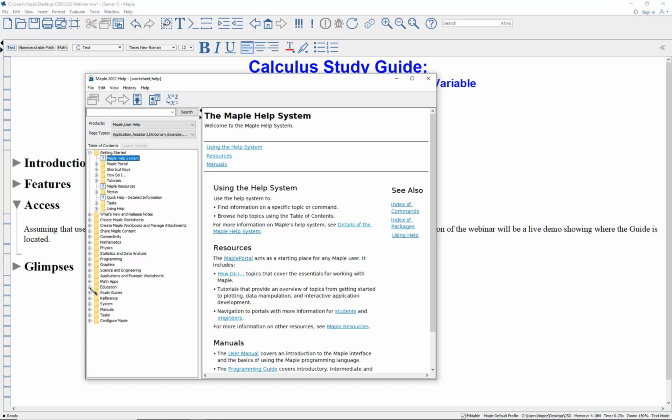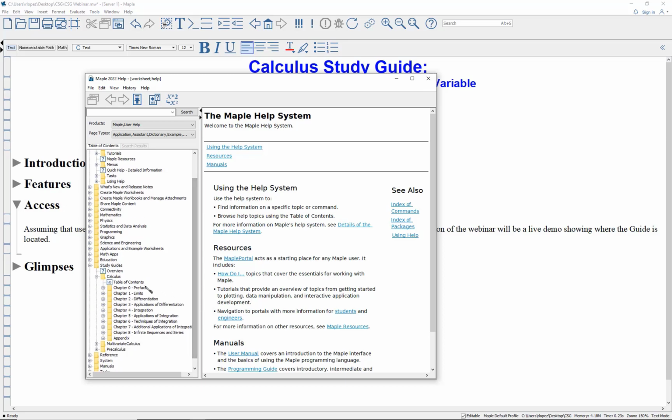So I am going to open the more accessible study guides. And you see there's more than one study guide. We're talking about the calculus study guide. And you see here there is a table of contents, and there are the chapters, and there's even an appendix.